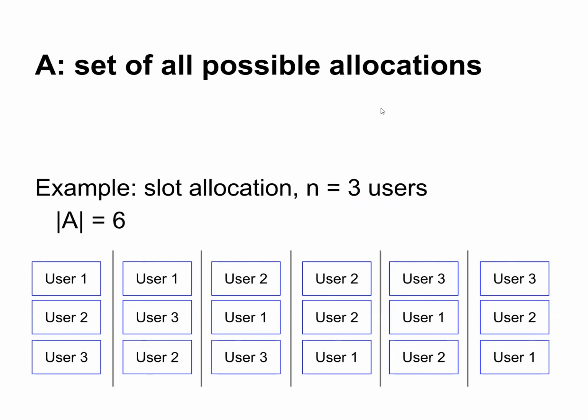Can I ask something? Absolutely. Why is there, in the fourth column, 2 users? My bad, I'm sorry, that's a typo. Thank you. It should be different because there should be 6 different allocations. Let's see which of them should be user 3. Well, probably this one, the one in the middle.